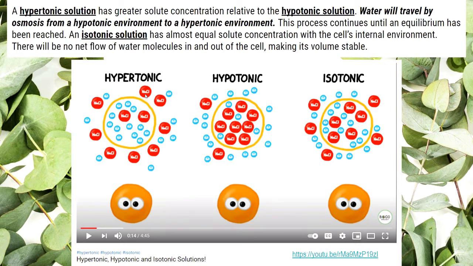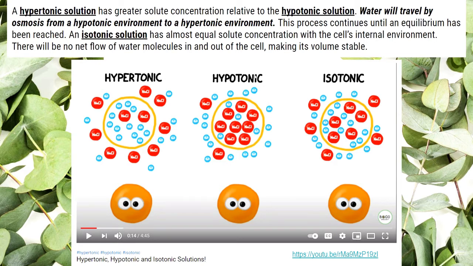In this case, NaCl, so that's salt. You have 1, 2, 3, 4, 5, 6, 7, 8 molecules outside, and then you only have 2 NaCl or salt molecules within the cell. So we can say that a hypertonic solution is saltier outside than inside the cell, so it has more solute concentration outside.